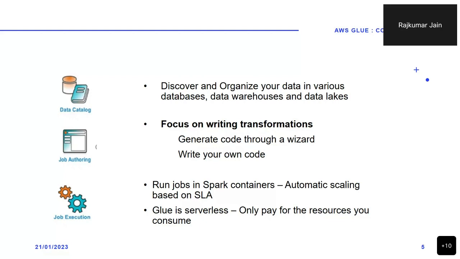We can define the in-between logic, on the basis of which the data will get transformed or enriched. Those are the activities we do in job authoring. Once it is done, we can see whatever we did in the UI in scripted format. We can also write our own code, as it gives the facility to write your own code in Spark or in the Python language.